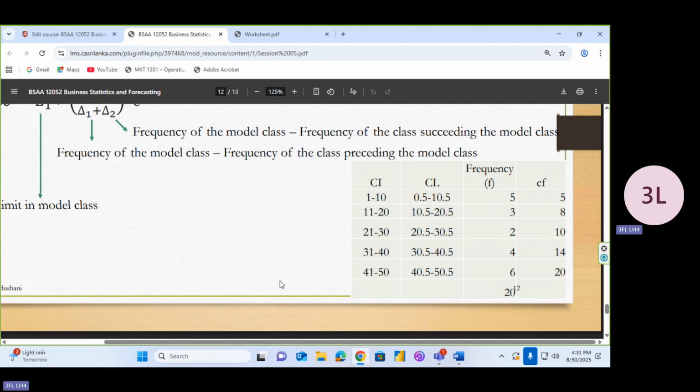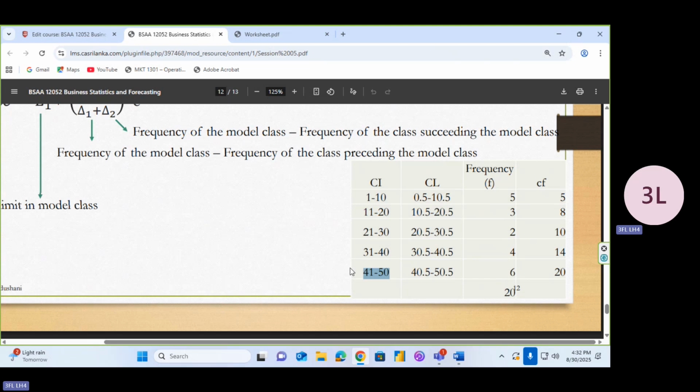Looking at the frequency column, you can identify what the highest frequency is. Tell me in this example, what is the highest frequency? 6. Then it means 41 to 50 has the highest frequency.